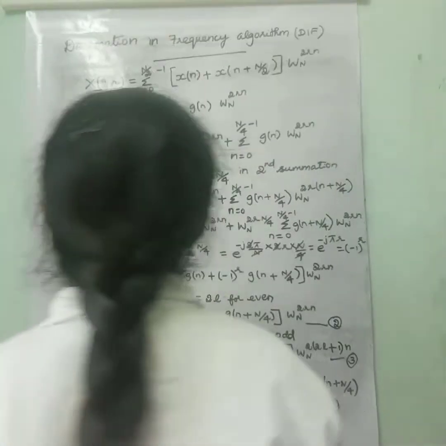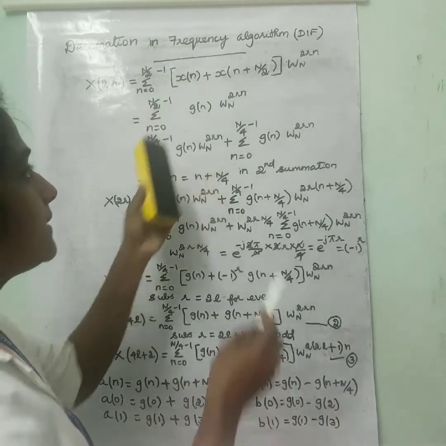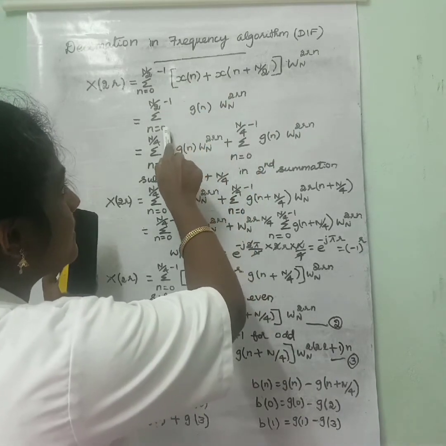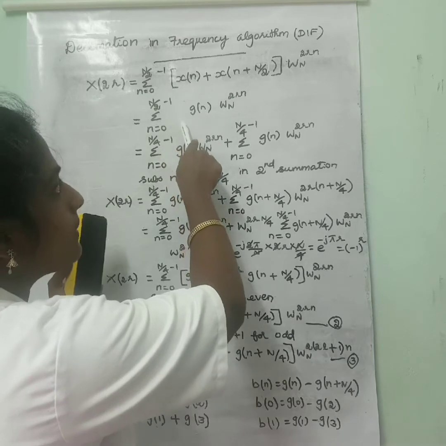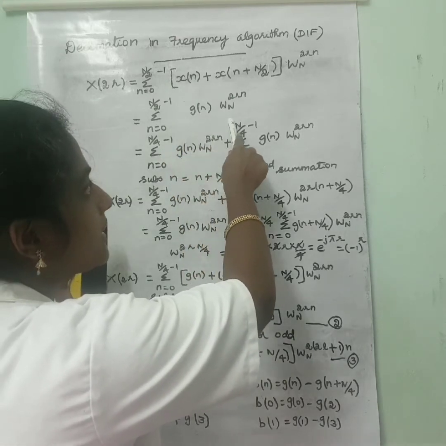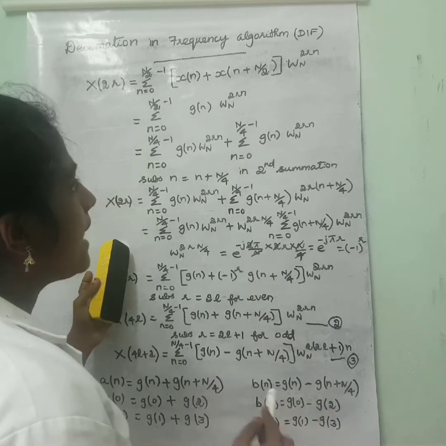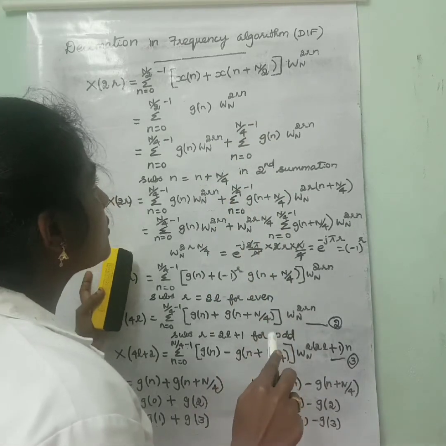So in the next step, we have to take this expression as g of n. So summation n is equal to 0 to N by 2 minus 1 of g of n into W_N power 2rn.